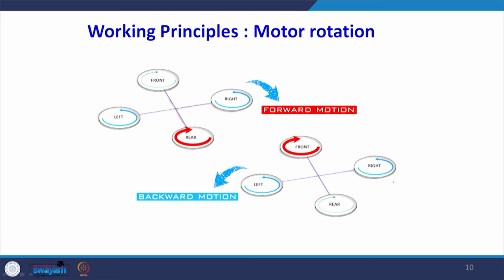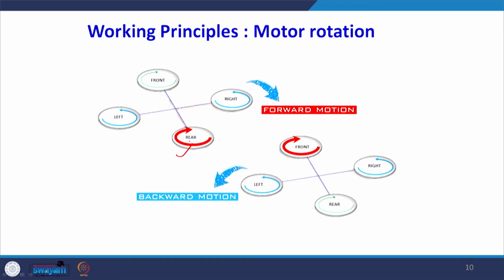Now, another case where you want either the forward motion or the backward motion of the rotary wing aircraft. So, if you want the forward motion, then just the rear vane is moving in the clockwise direction. So, it will just move in the forward direction.